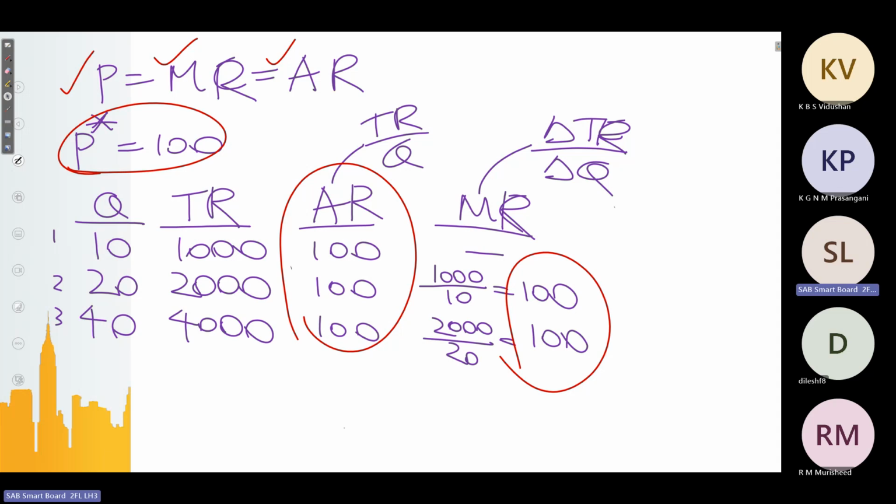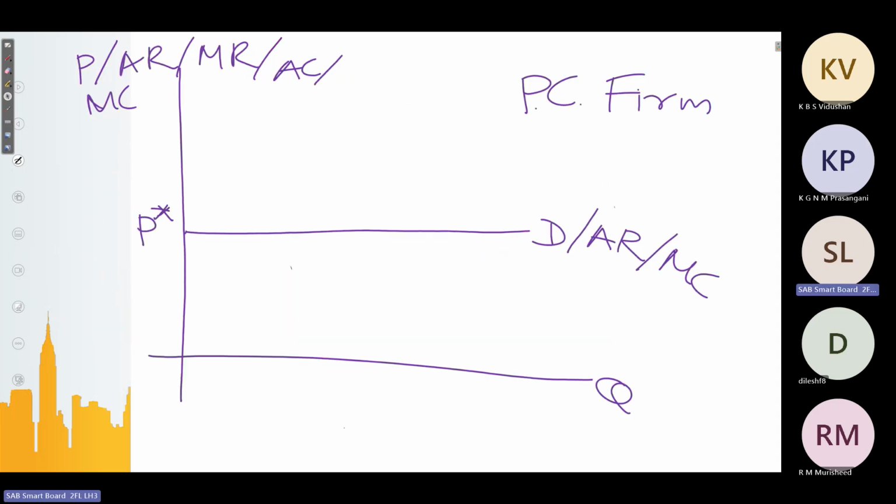That's why we show price, marginal revenue, average revenue using a single horizontal line. This is the demand curve because it represents the prices. At the same time, it represents the average revenue and marginal revenue.